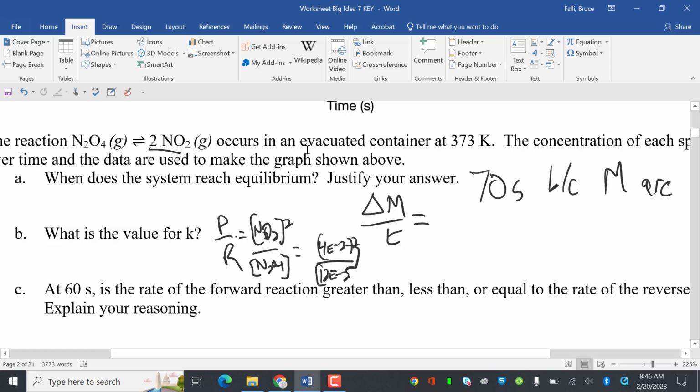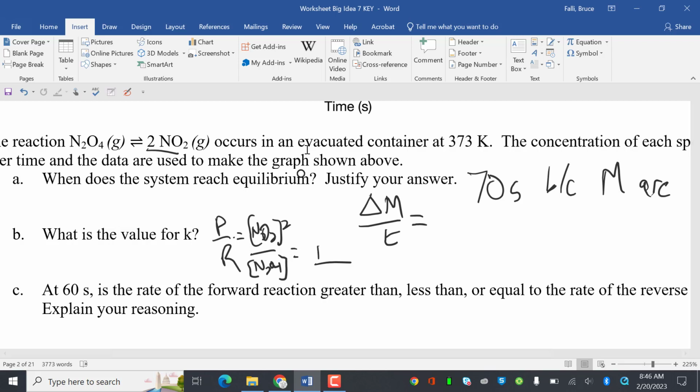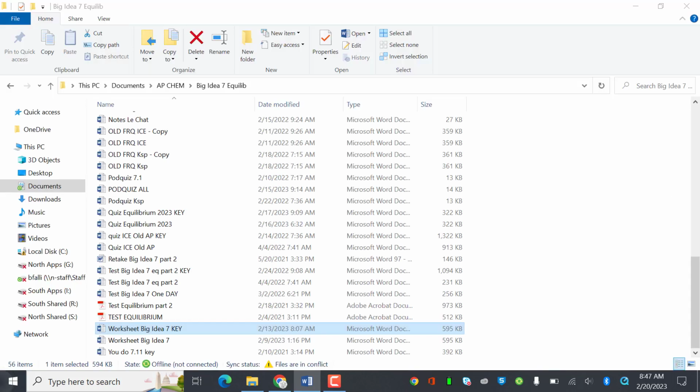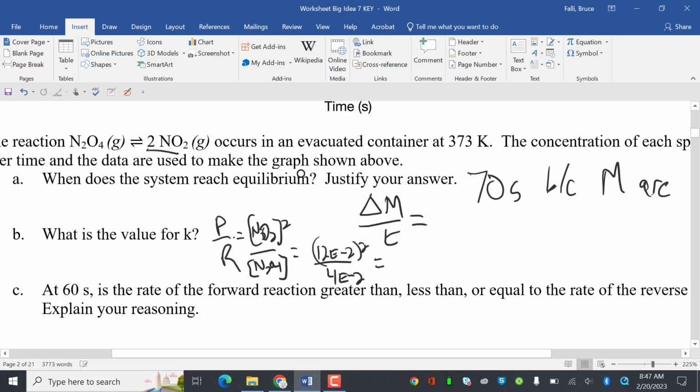So 12E negative 2 squared over 4E negative 2 equals 12E negative 2 squared divided by 4E negative 2, 36.